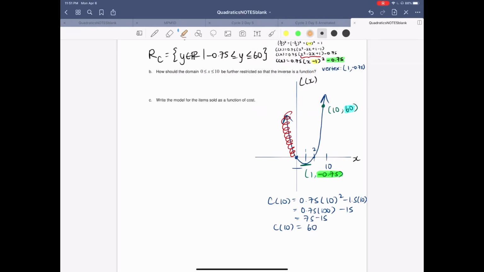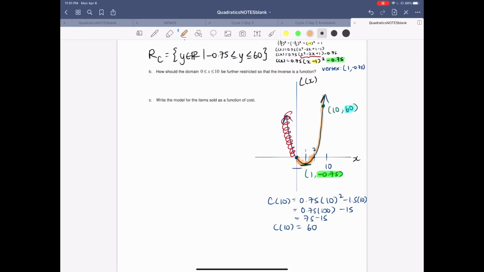Notice that I have this part along with this curve. When I take the inverse, it's not going to be a function because of this part right here, right? And so I will need to cut it off so that the inverse is a function.